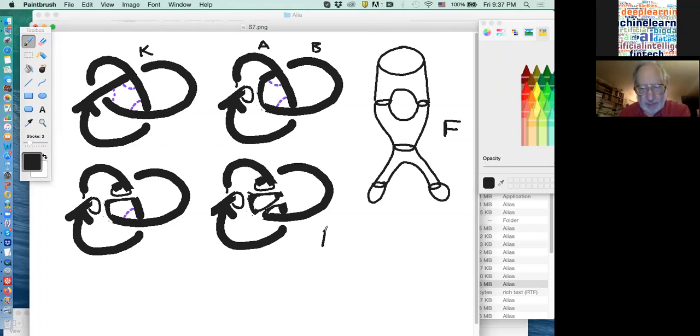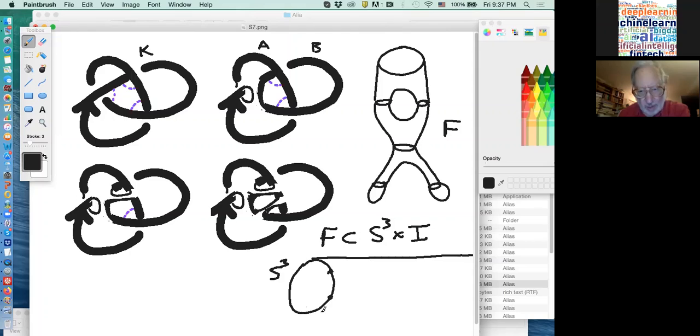And this surface F is contained in S3 cross I in the following sense. Here is S3, and here is the knot, and here is S3 cross I walking along like this. But what we did was we formed a surface. Well, let's just draw it this way so it looks like an honest circle here.